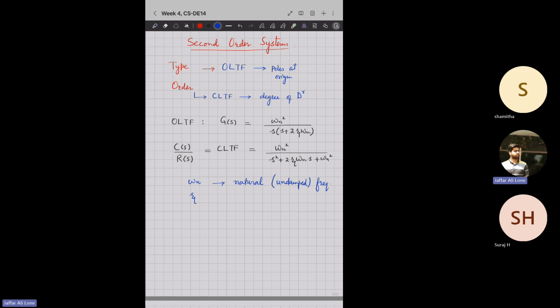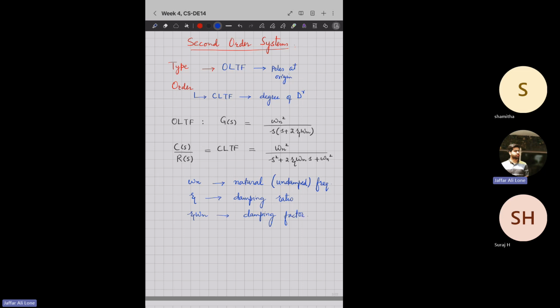And this zeta is called the damping ratio. Sometimes zeta into omega n together, its multiplication, is called the damping factor. So you might be asked sometimes, what is the damping factor?